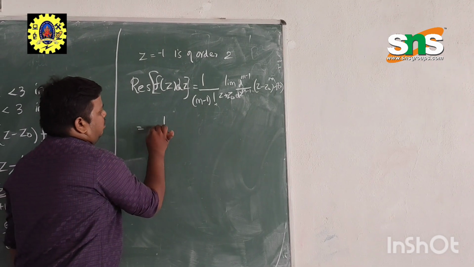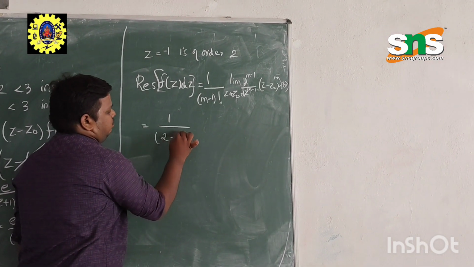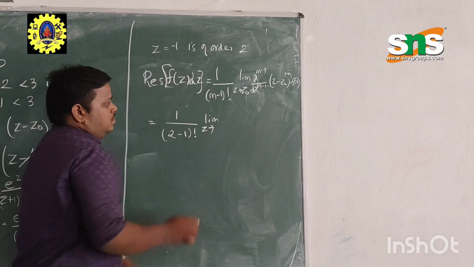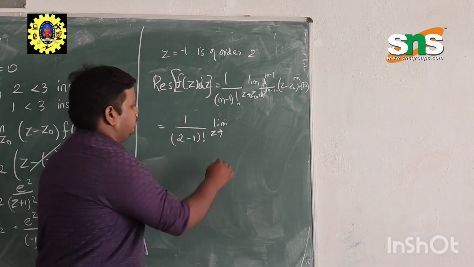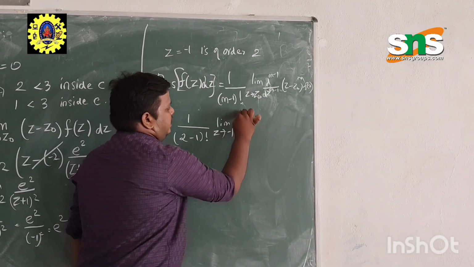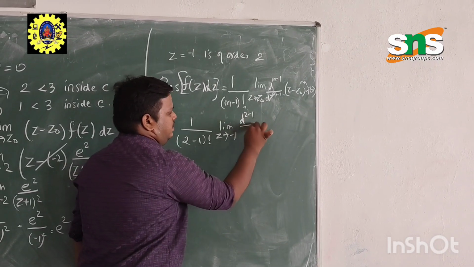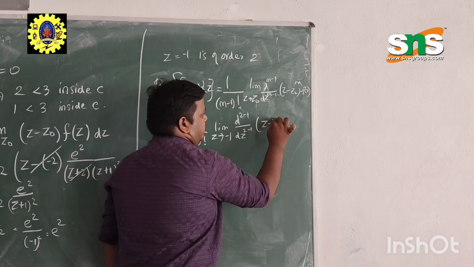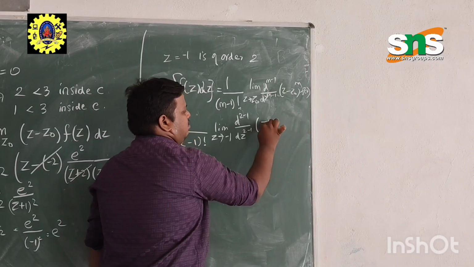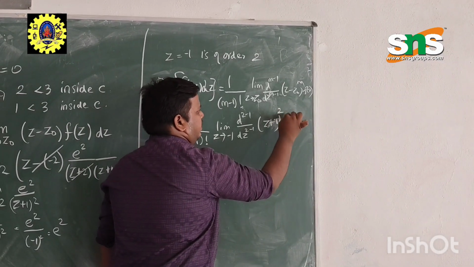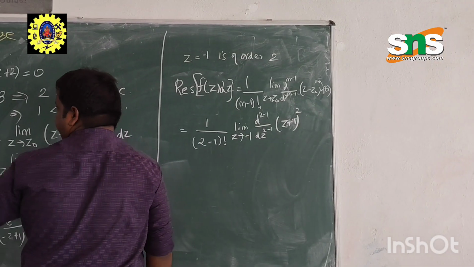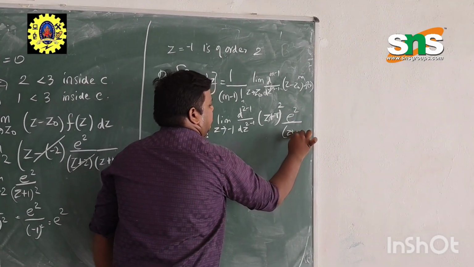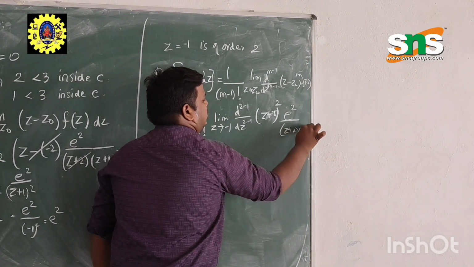Applying this, m is 2, so it is 1 by (2 minus 1) factorial, limit z tends to minus 1, d by dz of (z plus 1) the whole square into f of z, where f of z is e power 2 divided by (z plus 2) into (z plus 1) the whole square.